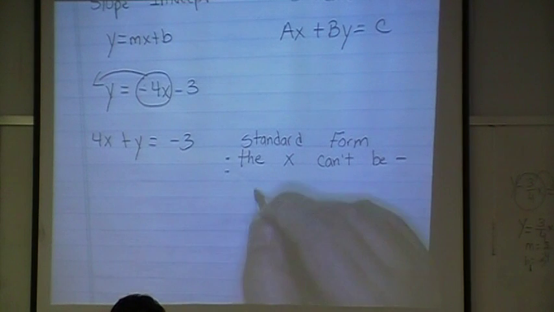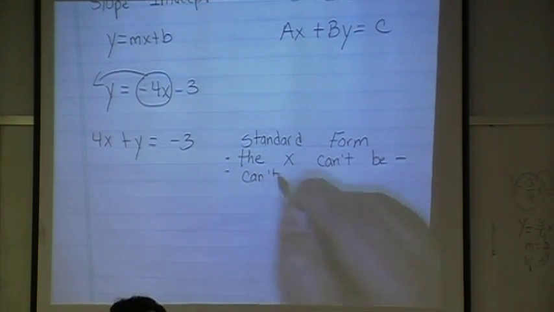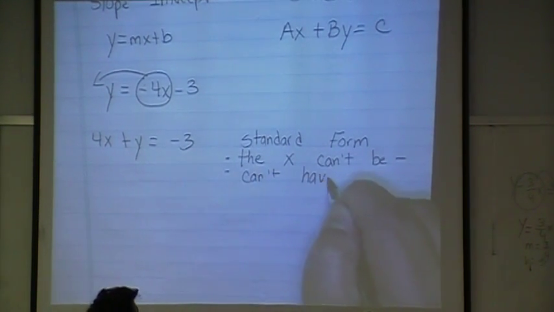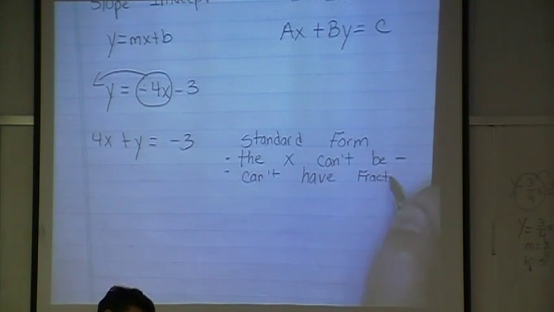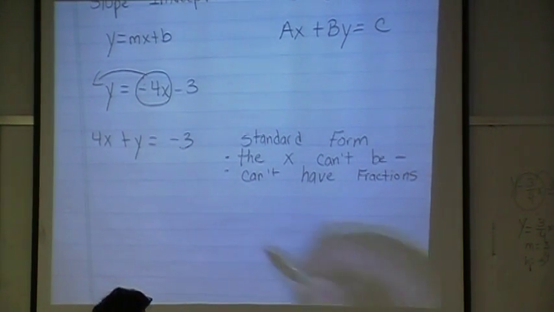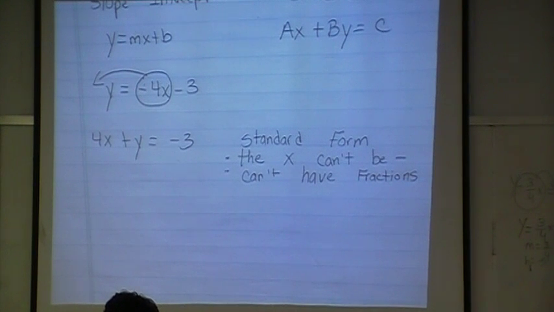You also can't have fractions. Look at your formula. Whole numbers. That x is positive. That y can be negative, it's okay. The x cannot be negative. You also cannot have fractions, because how in the heck would you put a fraction underneath that last number? You see what I'm saying?